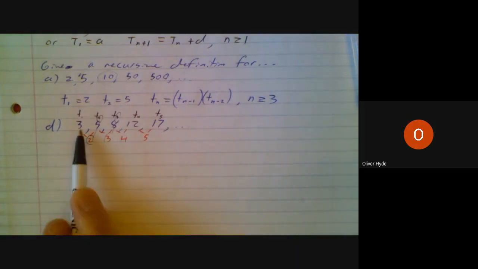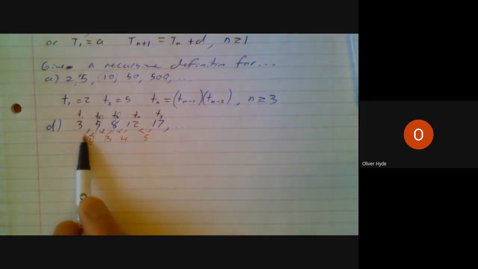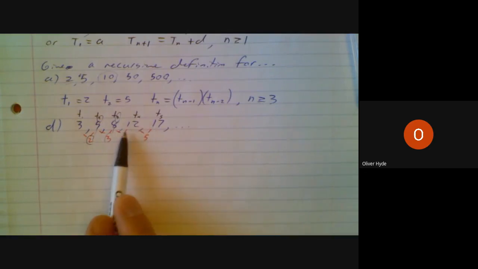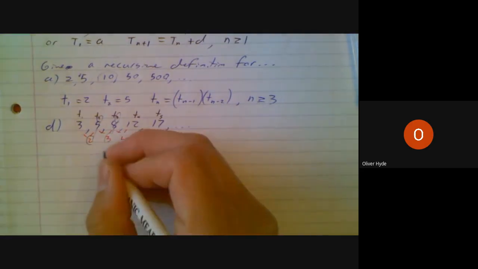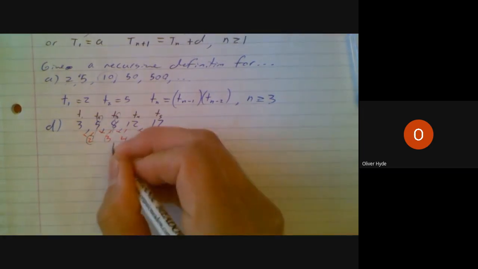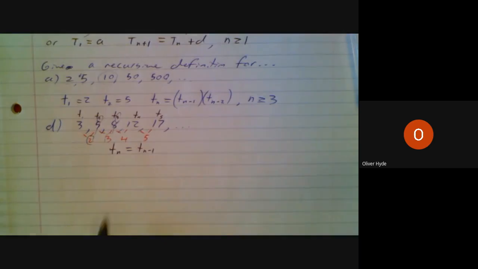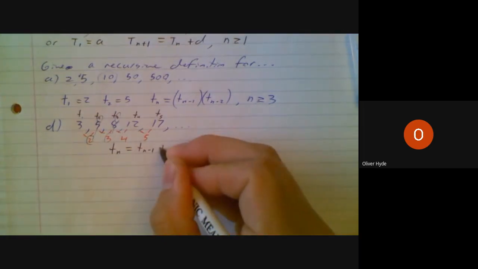Notice that to get the second term, we add 2 to the first term. To get the third term, we add 3 to the second term. To get the fourth term, we add 4 to the previous term. So to get some future term here, I'm going to take the previous term and add the term number.